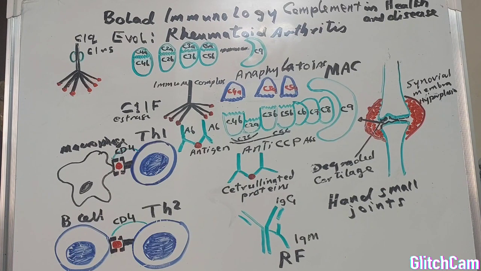And as I mentioned, citrullination is a normal physiological process during cell apoptosis, and actually the citrullination takes place by removal of a molecule of arginine, and this will lead to negatively charged proteins.